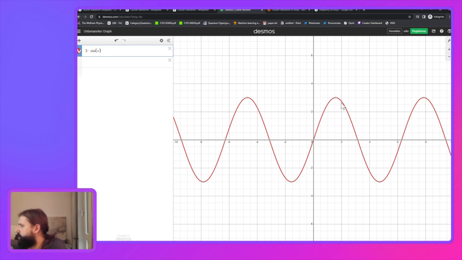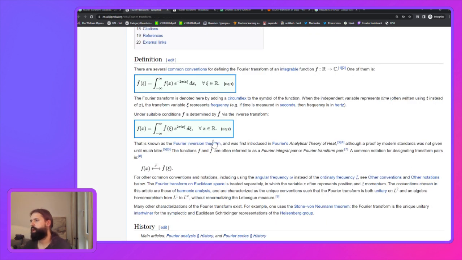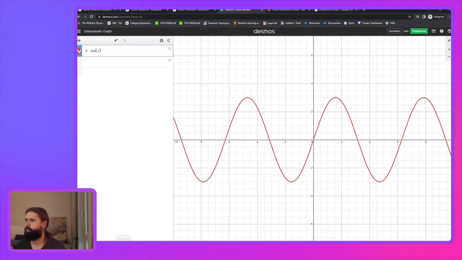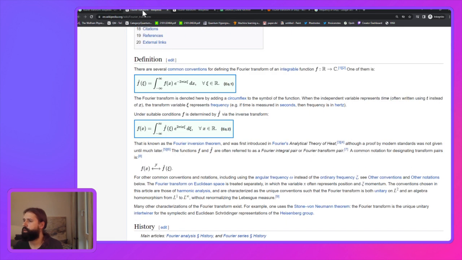So that's one cycle, that's a frequency. So what would happen in this case? How would we approach the, let's say f of x is just, yeah, that only changes the amplitude, right? So that shouldn't have any effect.